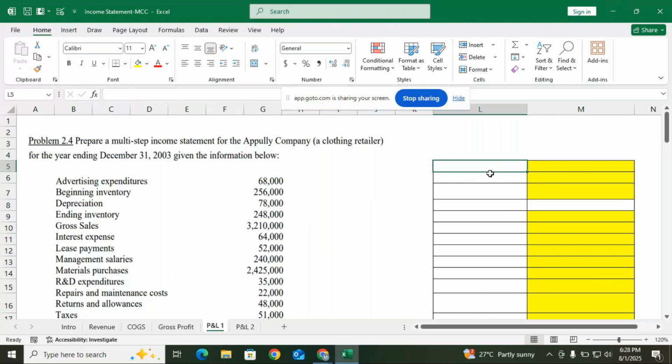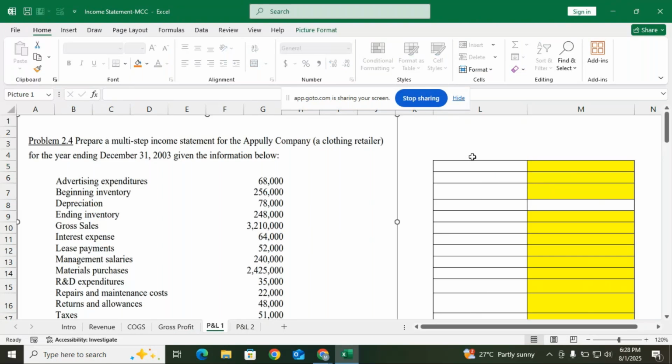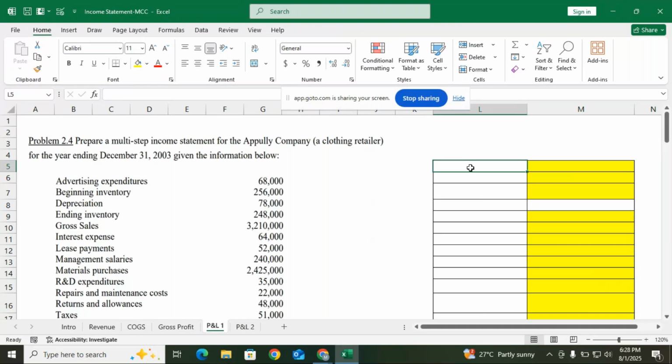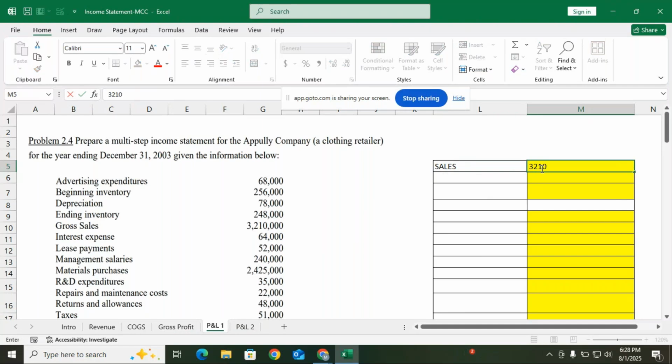So what is the sales here? Your gross sales is 32 lakh 10,000. So I'll put up the sales here. Sales minus cost of the goods sold.